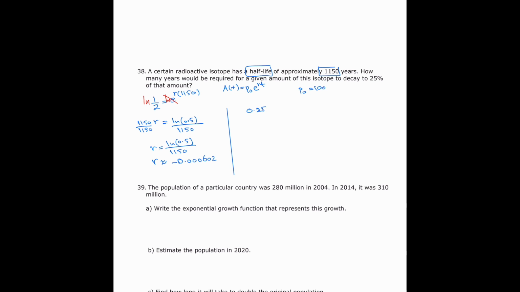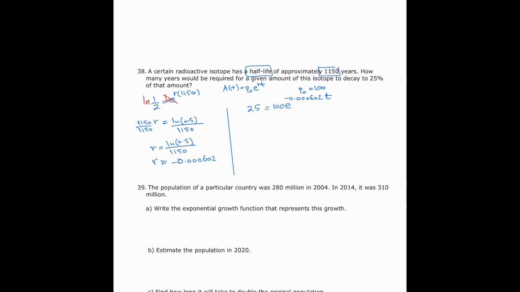If you use 25, use P naught equals 100. If you use 0.25, just use 1 for P naught. In other words, I am using 25 equals 100 e to the negative 0.000602 t. And I would like to find the time it takes to reach that amount.